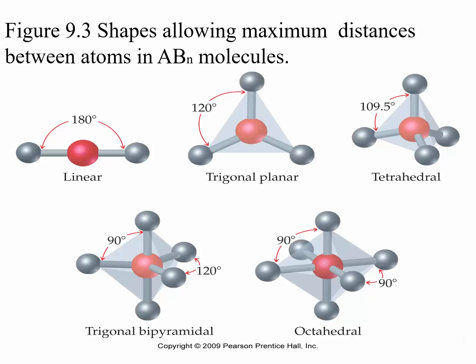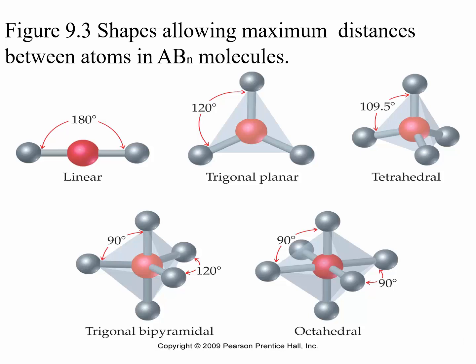Now, the shapes that maximize the separation of outer atoms are shown here in this figure. In addition to the shapes we have already seen, this figure shows those encountered when there are 5 or 6 atoms surrounding a central atom. Then we have linear, AB2; trigonal planar, AB3; tetrahedral, AB4; trigonal bipyramidal, AB5; and octahedral, AB6.